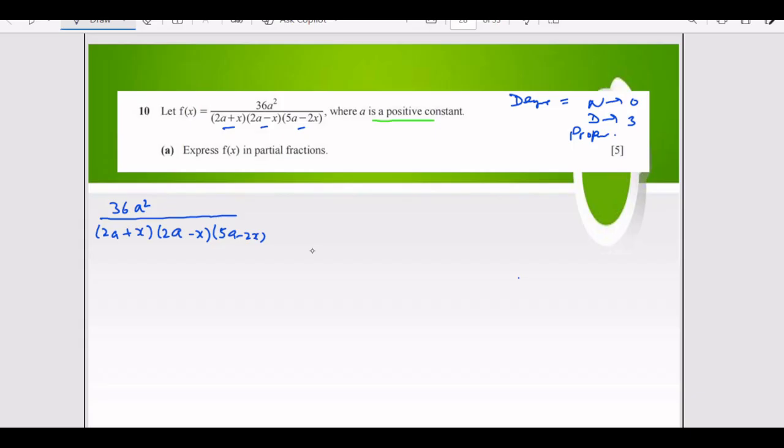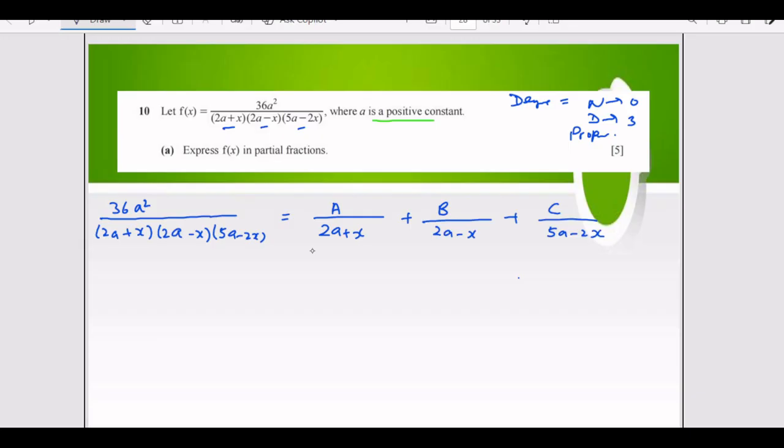So we have here A over the first factor 2a plus x, and then plus B over 2a minus x, and plus C over 5a minus 2x, right?